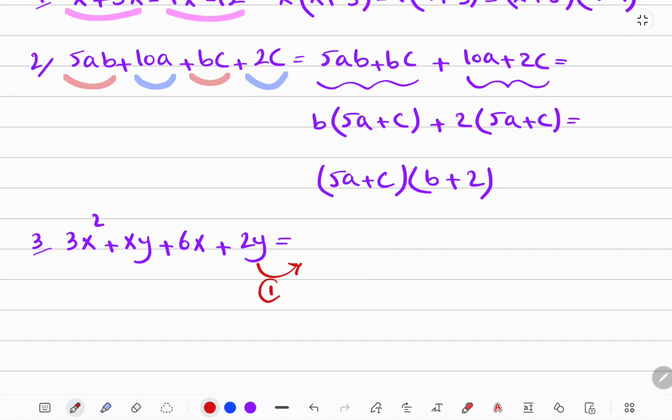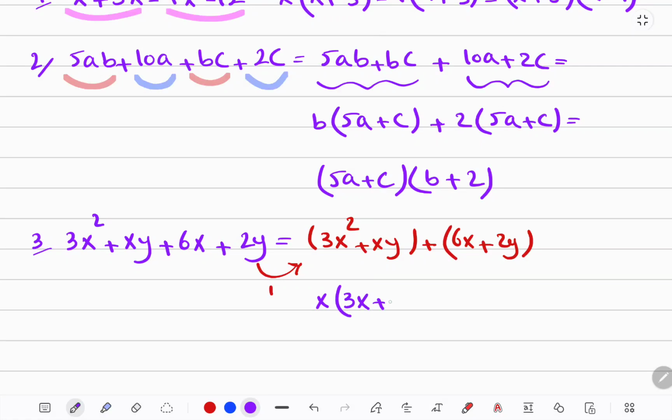The first one, I want to group 3x squared plus xy plus 6x plus 2y. Okay, for the first group, x is a common factor, so 3x plus y. And 6x plus 2y, the common factor is 2, we have 3x plus y.